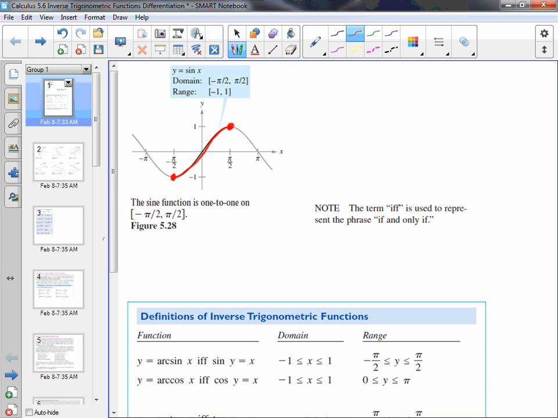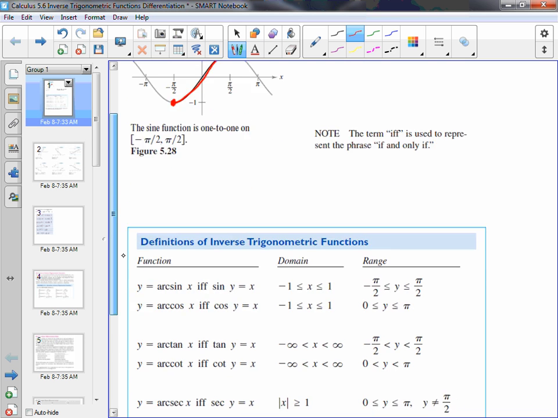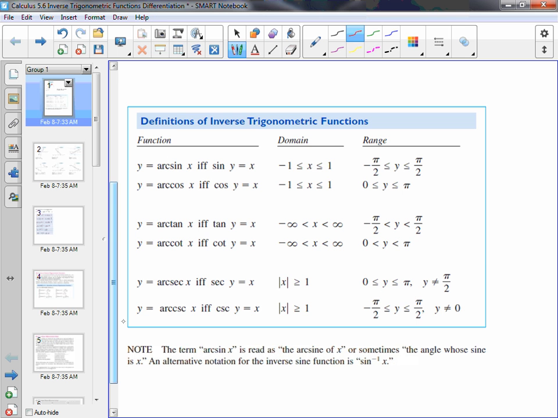So the domains have to be restricted, which means that, remember how the domain of a function was the range of its inverse, the range of the inverse is restricted, and it ends up all looking like this. That's on page 371.